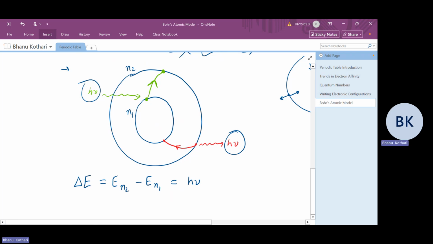So if you state the point, the frequency of radiation absorbed or emitted when a transition occurs between two stationary orbits that differ in energy by delta E, this much energy difference, will be En2 minus En1, and that will be equal to the energy of the photon. It can be written as h nu or hc by lambda, depending on what is given to us in the question.